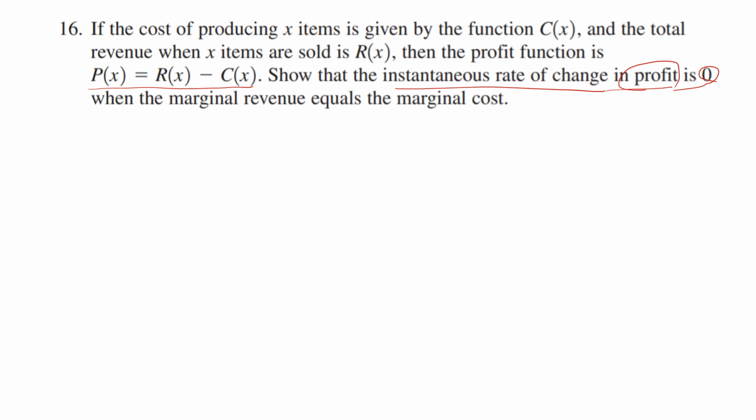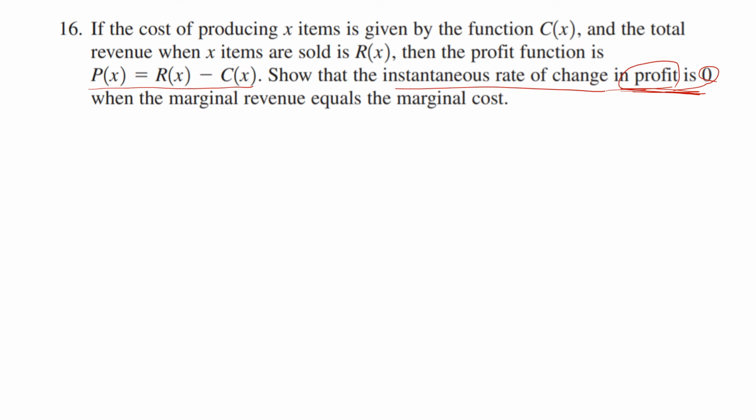So starting from here, it says show me the instantaneous rate of change. We know that that equals to taking the derivative of it, and it wants me to show that in profit is 0, so we need to equal that to 0 when we found that maximum versus minimum. And it's basically saying that prove that marginal revenue, my revenue is going to equal my cost.